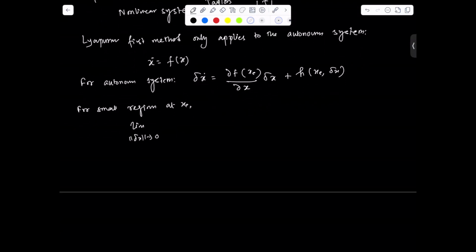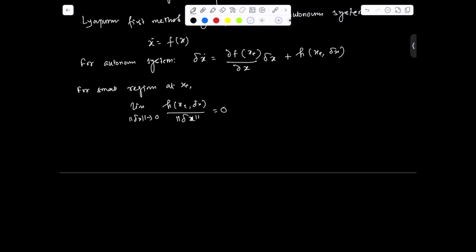This is basically a small perturbation from the equilibrium point, and we can consider the higher order terms at xc to be 0. We can assume it because the magnitude of this parameter h is very small in the region of the equilibrium point.